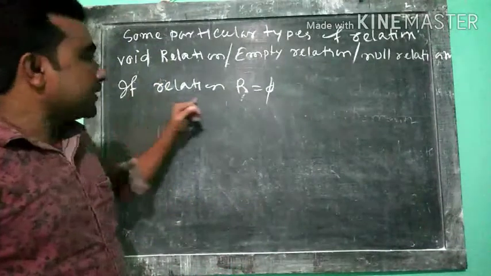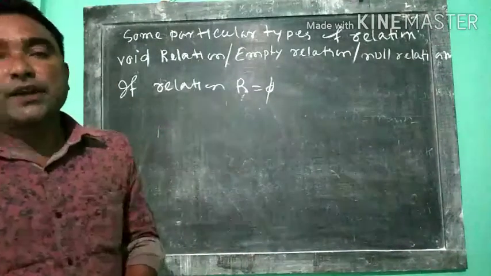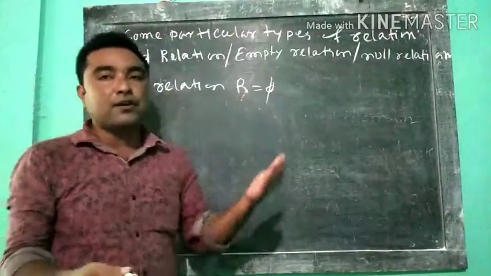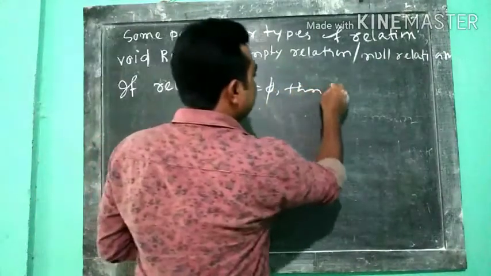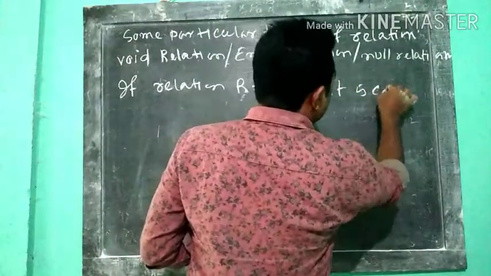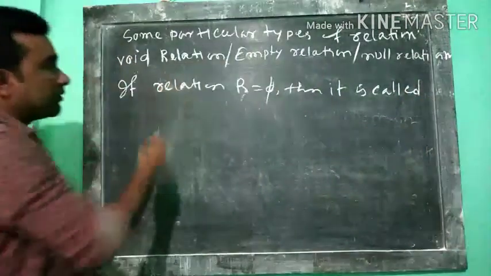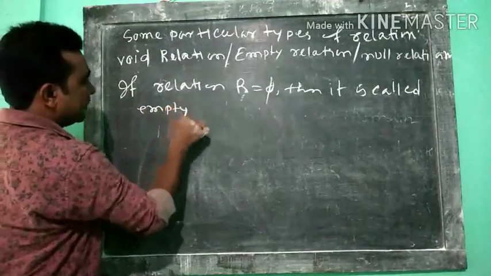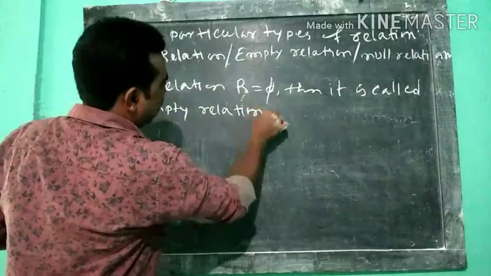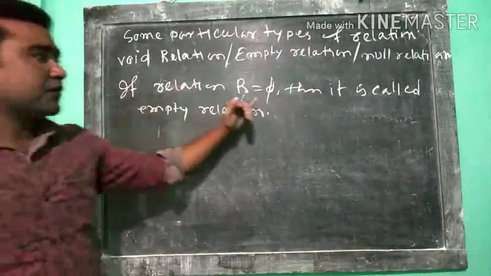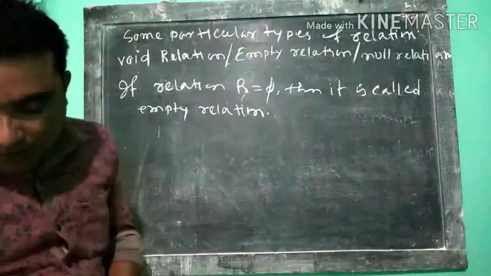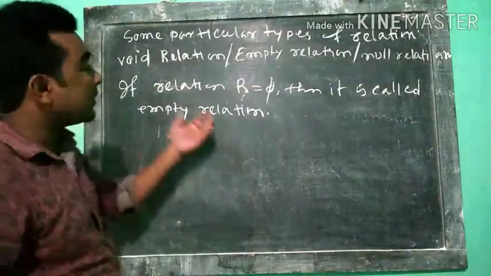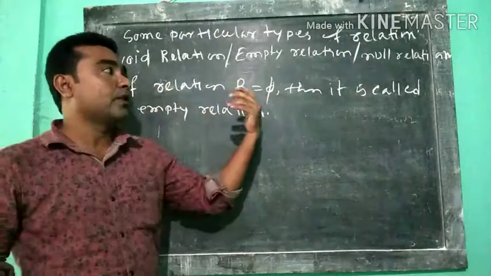Here if R is equal to ∅, then it is called an empty relation, null relation or void relation. If R is an empty relation or null relation, either the domain is null or empty, or the range is empty.